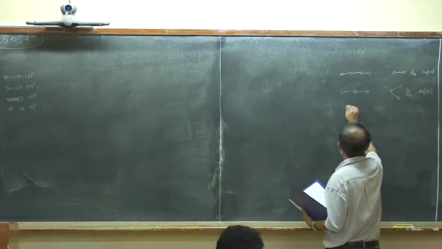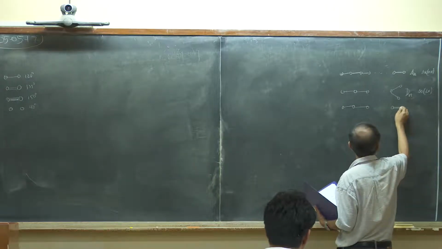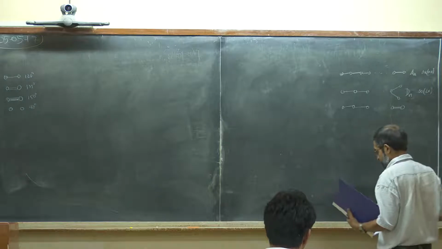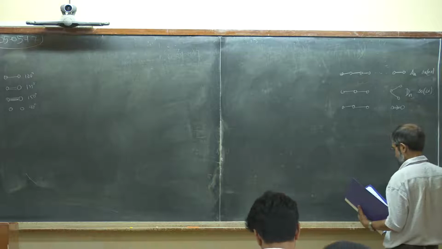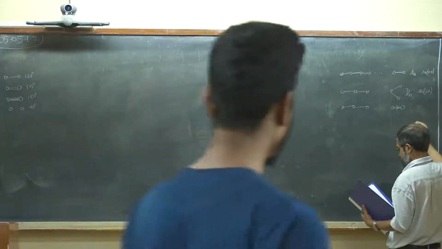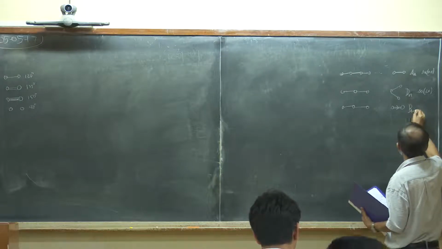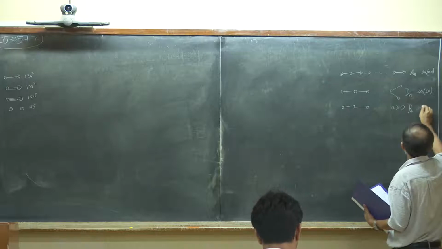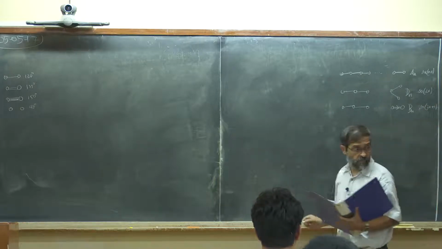Then this stuff, I'll explain what these things mean, and this is called the Bn, and this is SO2n+1. So does the arrow have any meaning?